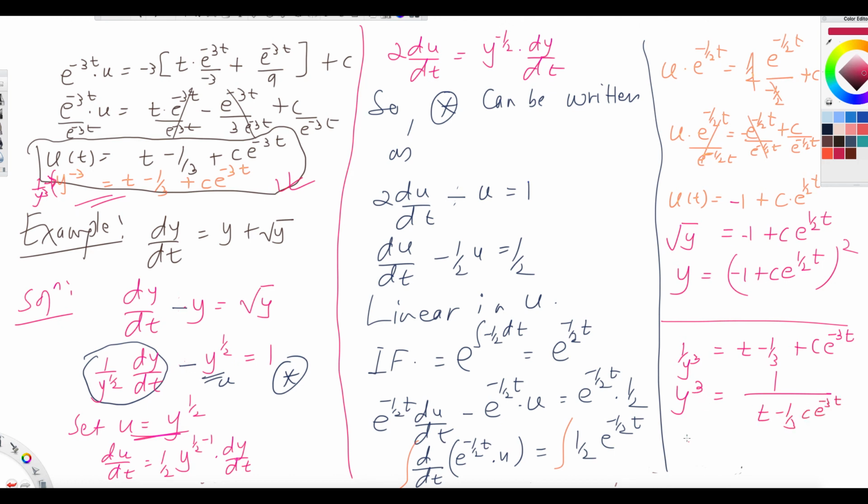So what is y then? y(t) will be, basically take the 1/3 root, so you can write cube root, or you can write t minus 1/3 plus c e to the negative 3t, to the power 1 over 3. That's what you get. Alright guys, so this is the final answer for the previous example, and this is the final answer for this example.